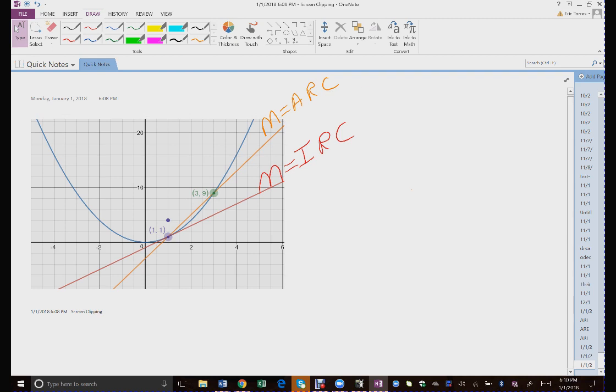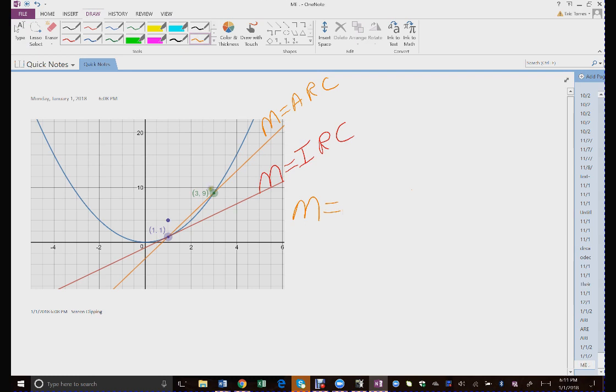So on this one, I've got a secant line, the orange line. The average rate of change is the slope of my secant line.